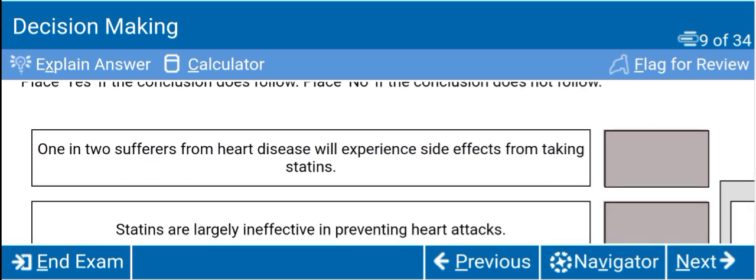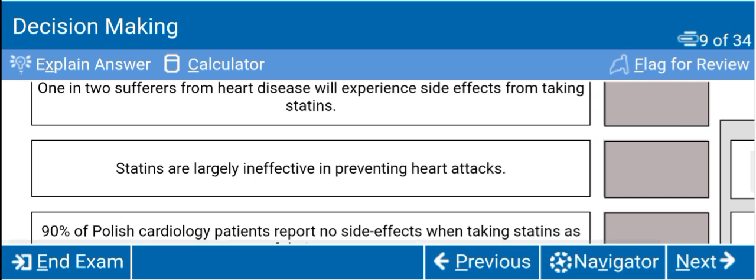First conclusion, which says 1 in 2 sufferers from heart disease will experience side effects from taking statins. Second, statins are largely ineffective in preventing heart attacks.